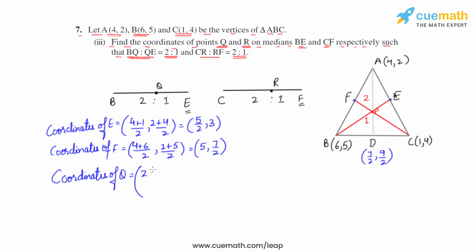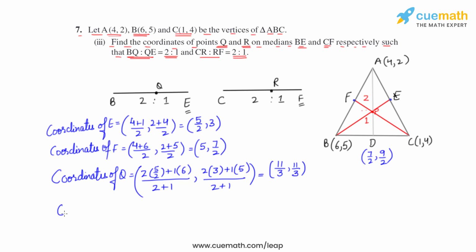So 2 into x2, that is 5/2, plus 1 into 6, over 2 plus 1, comma 2 into 3 plus 1 into 5/2, over 2 plus 1. So we get 11/3 comma 11/3.